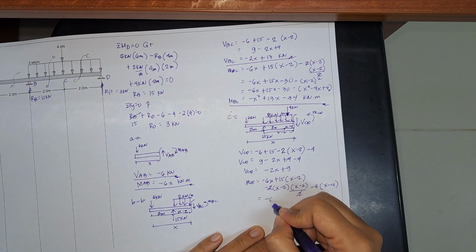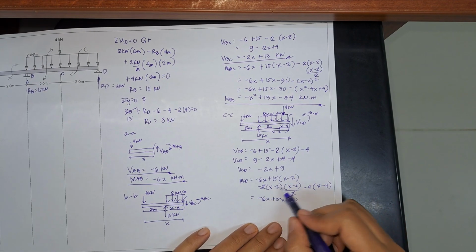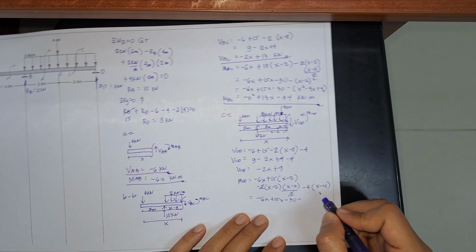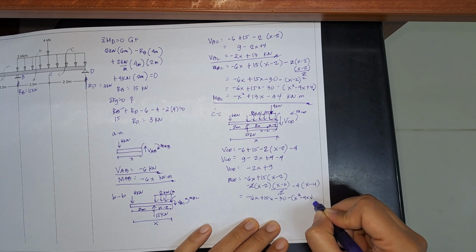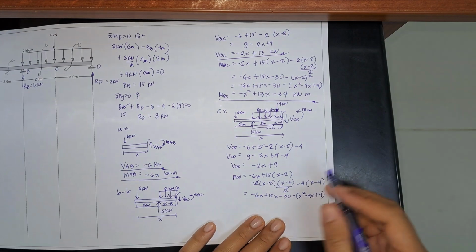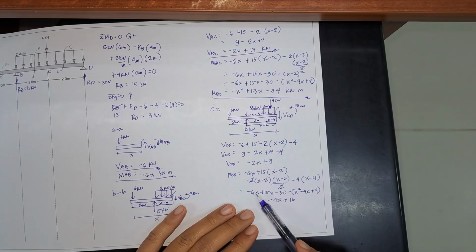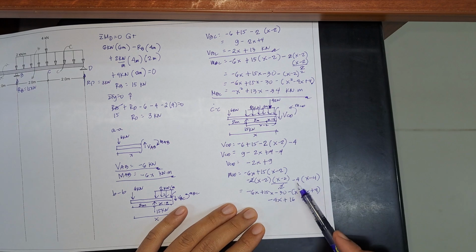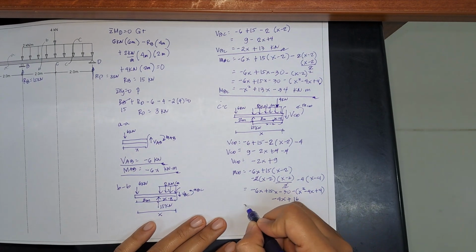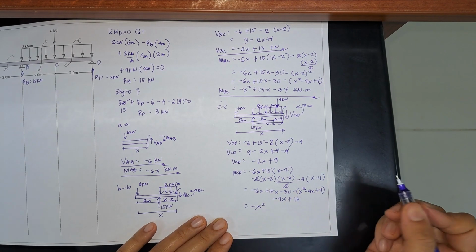Ayan. So, we have negative 6x plus 15x minus 30. Tapos, ito minus x squared minus 4x plus 4. Ayan. Minus 4x plus 16. Okay, double check. Negative 6x plus 15x minus 30 minus x squared minus 4x plus 4. Tapos, distribute negative 4x plus 16. And then, combining like terms, and arranging it from the highest power.